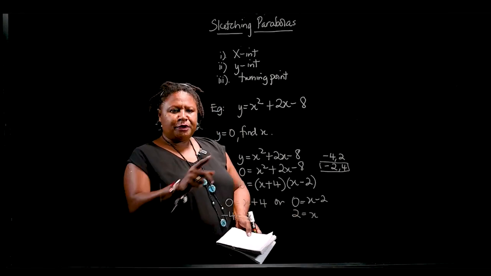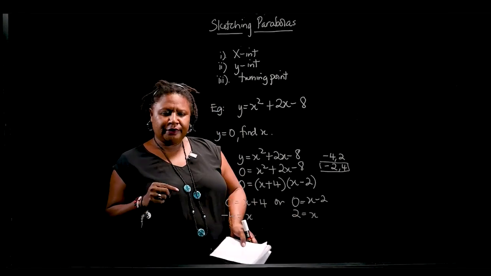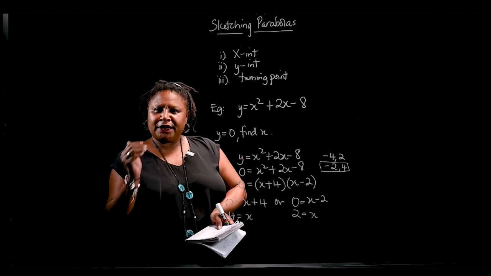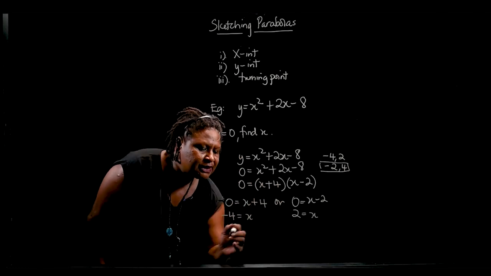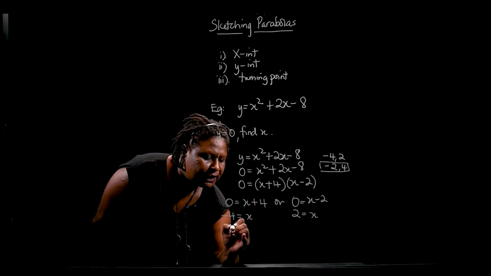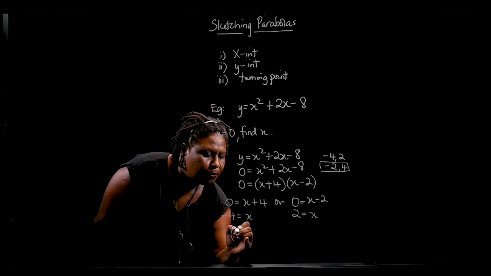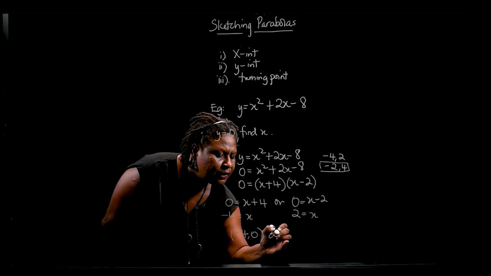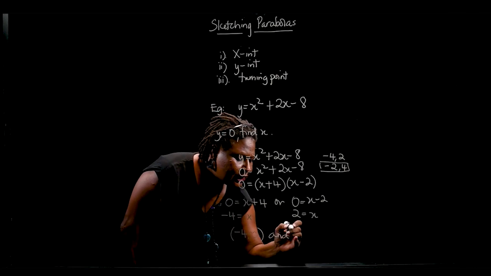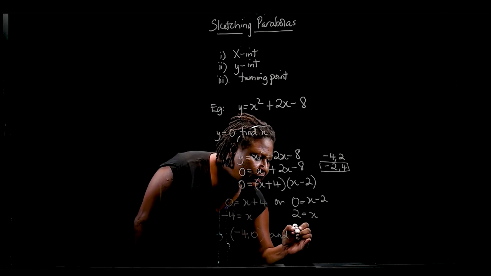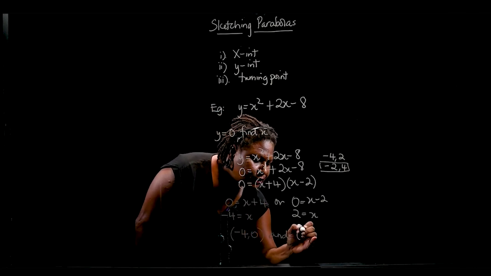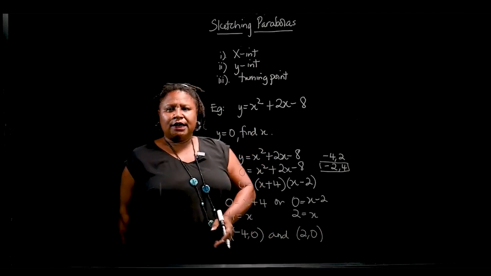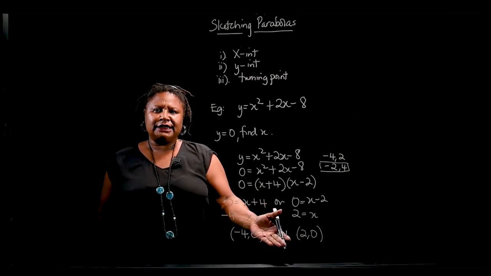Keep in mind y is equal to 0. If we give the x-intercepts as coordinates, the first lies at the point (negative 4, 0) and the second at the point (2, 0). So we found our two x-intercepts.